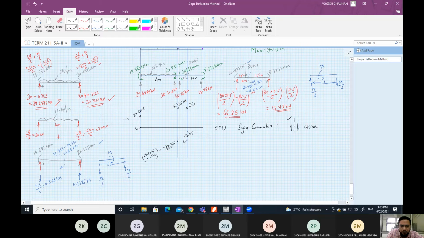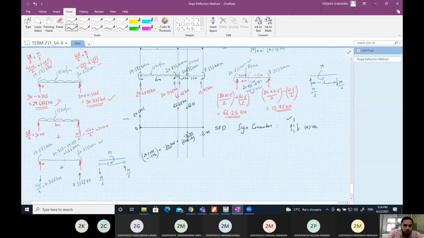It is 66.25 minus 80. So this will give you this value, and just to the left of this point B there is no point load, so this will continue. Okay, and as you cross this point load, this reaction will come into picture and it will be minus 13.75 plus 13.75, it will be 0. So now you can draw the bending moment diagram.